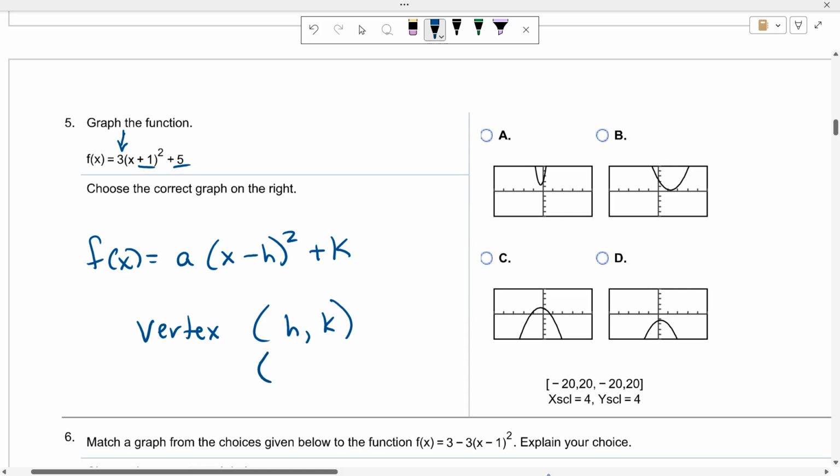So in this one, your vertex is at -1, 5. And instead of going over 1, up 1, over 2, up 4, it's going to go over 1, up 3, over 2, up 12. So it's going to be a skinny one going up at -1, 5. Well, A is the only one that makes sense.